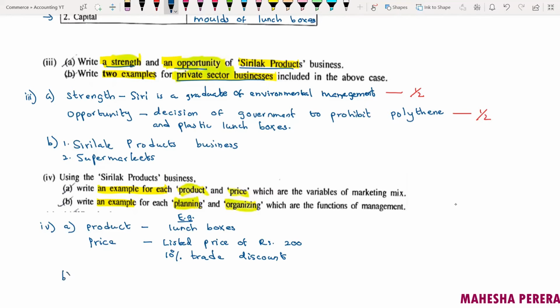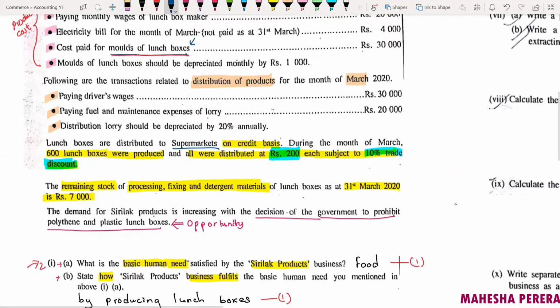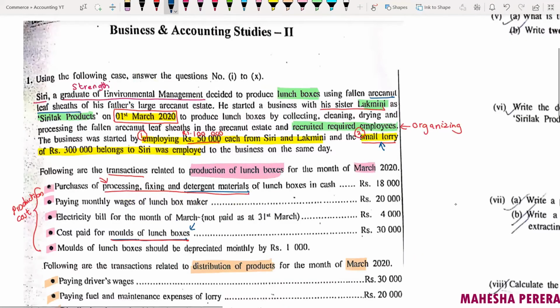And for B, you need to provide an example each for planning and organizing. Right. Now, did you find the example for planning? Now here it says decided, right? Decided to produce lunch boxes.